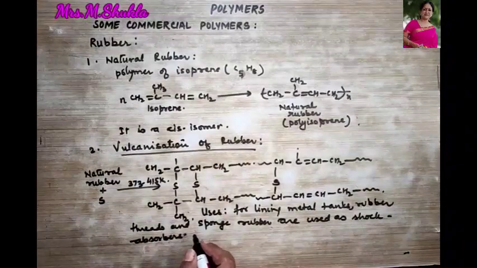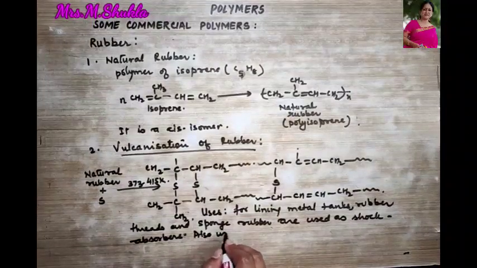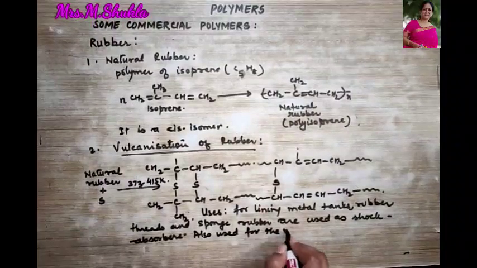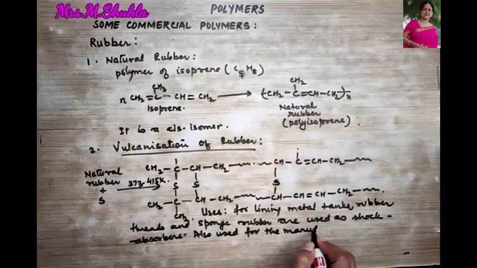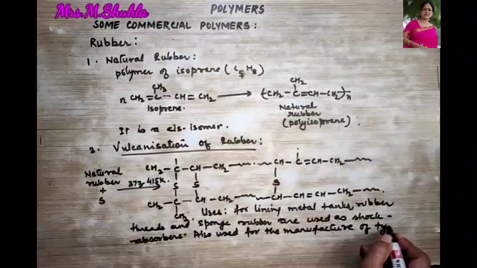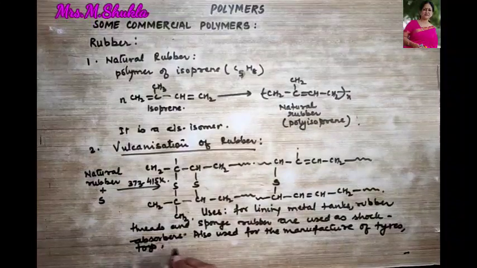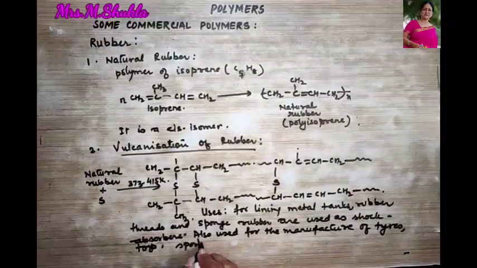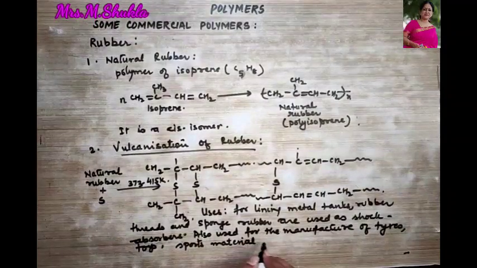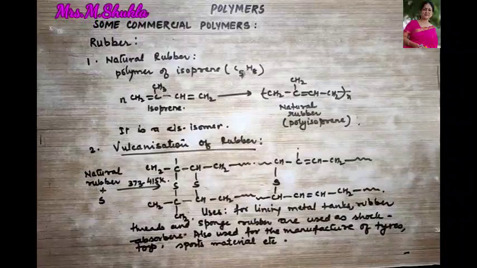They are also used for the manufacture of tires, toys, sports material, etc. So these are some of the uses of vulcanized rubber.